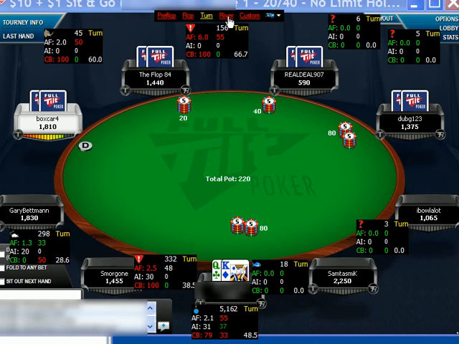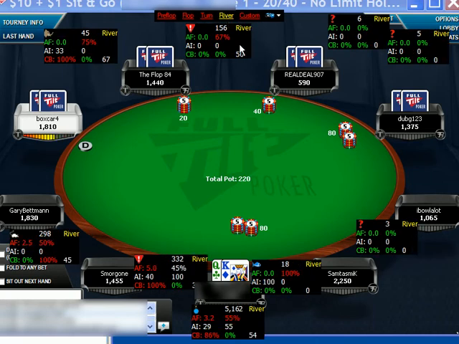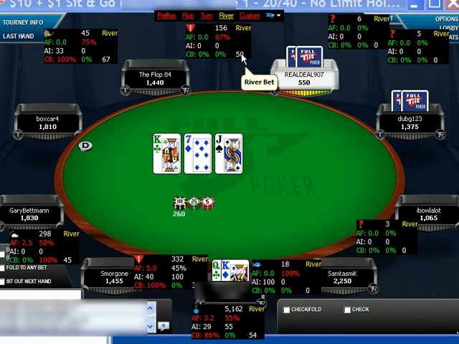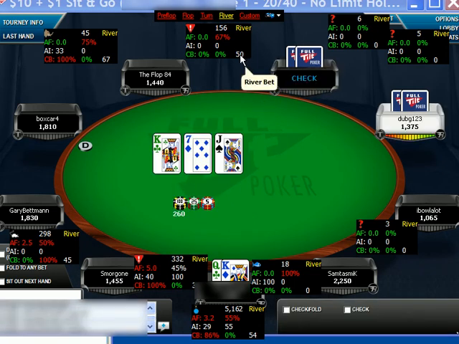Now if we look at the river, it has the same stats. The aggression factor, frequency, all in. If they go all in, how often they win, continuation bet, fold versus a continuation bet, and how often they bet on the river.